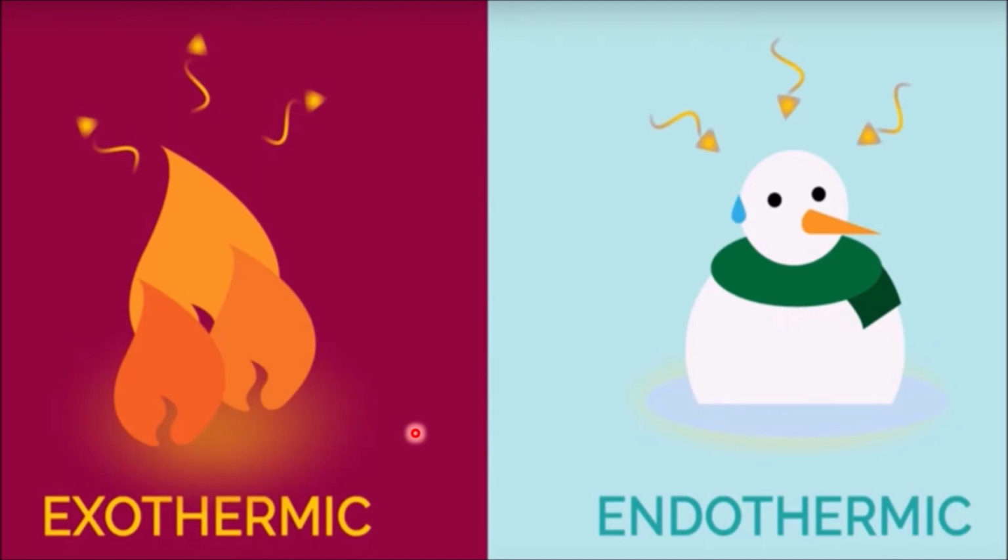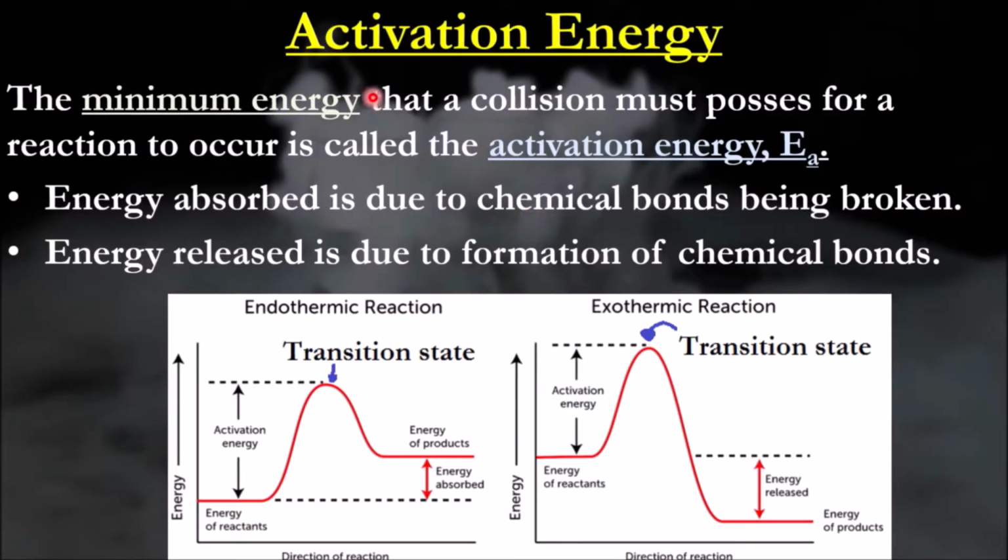Now, as a consequence of having sufficient energy, you might get a reaction that is exothermic, which is releasing heat, or you might get one that is endothermic, where heat is absorbed. Say for example with activation energy, which helps us determine whether or not something is exothermic or endothermic. It's an energy barrier.